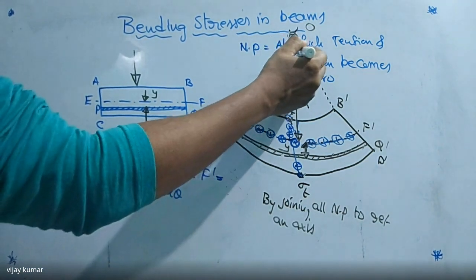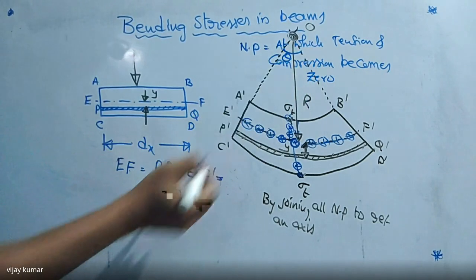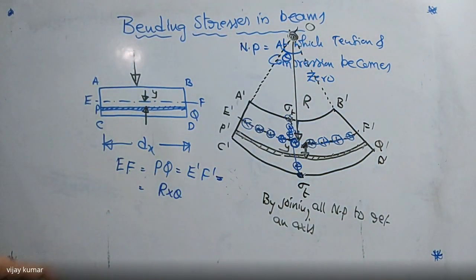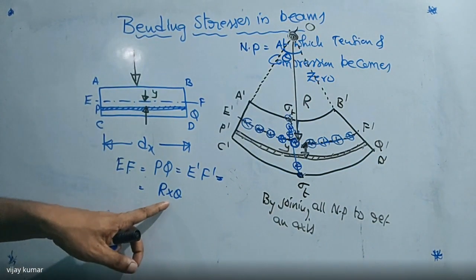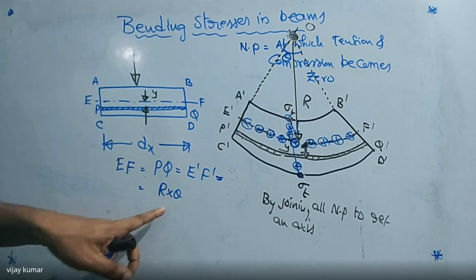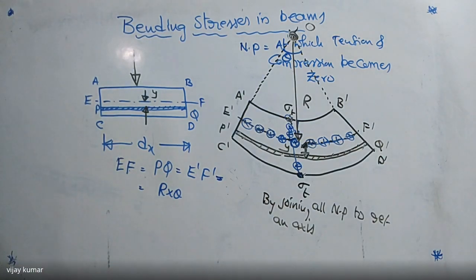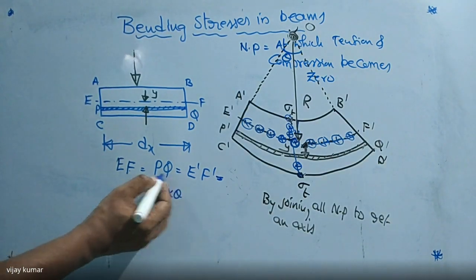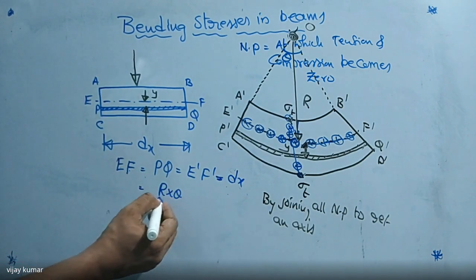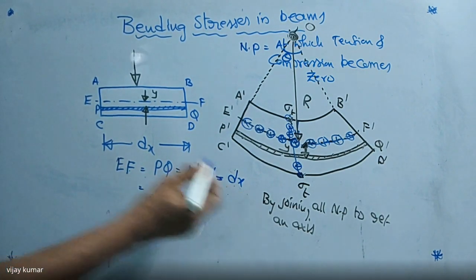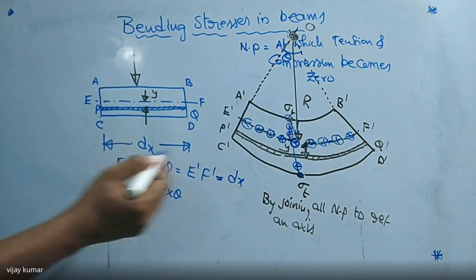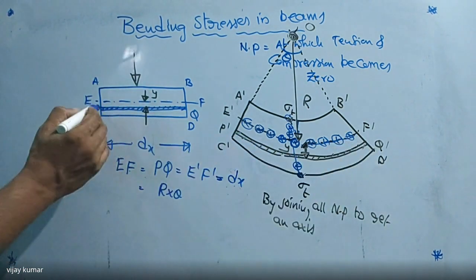The angle between these two is theta. That is the arc length. Arc length is always equal to R into theta. So dx is equal to R theta. What is dx? dx is nothing but the initial length of this layer.